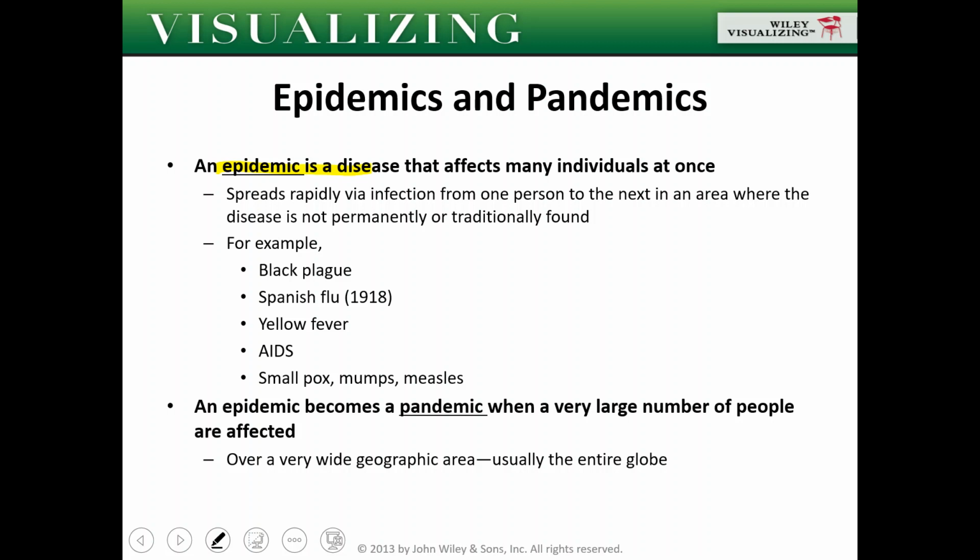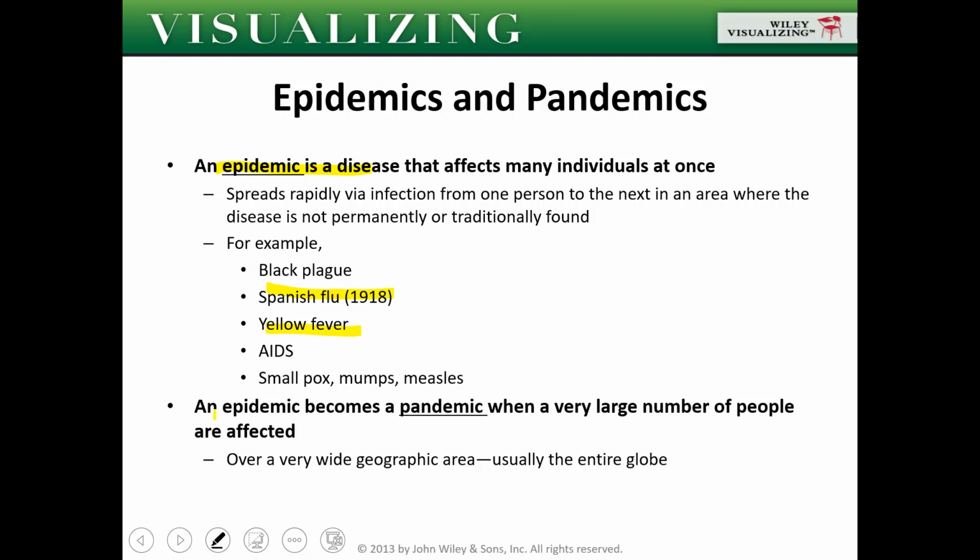We observe it now for coronavirus. Influenza epidemics happen often. So Spanish flu was an epidemic, yellow fever in the late 19th century in Louisiana. AIDS is an epidemic. At some point, smallpox caused epidemics.